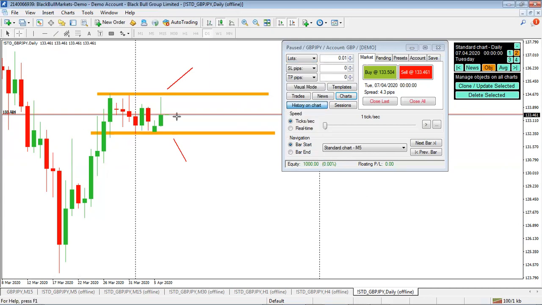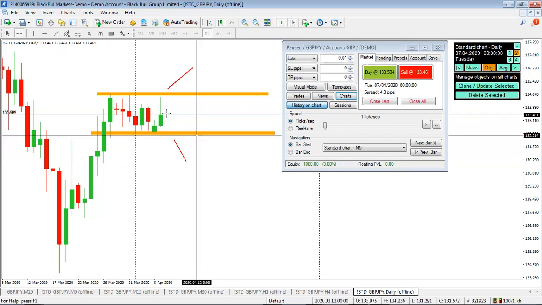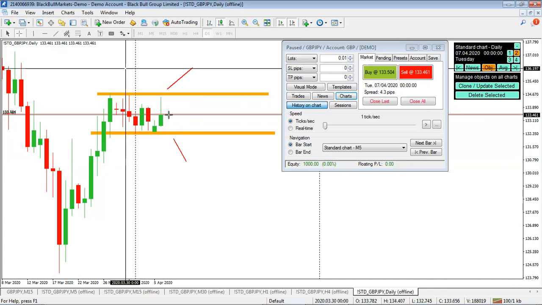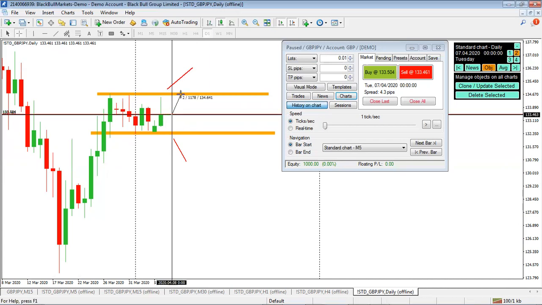But now, here's a question. The move from the current price to the upper price is about 117 pips. Going down is about 106 pips.